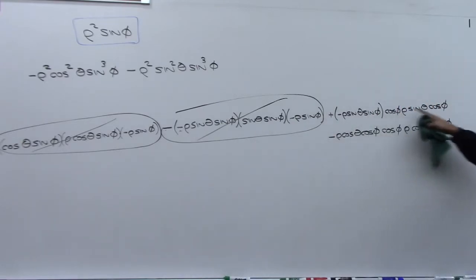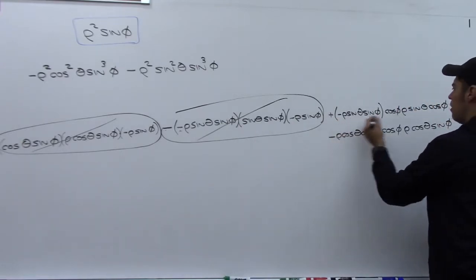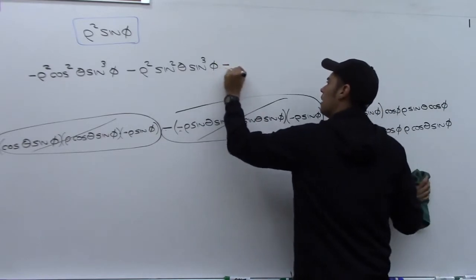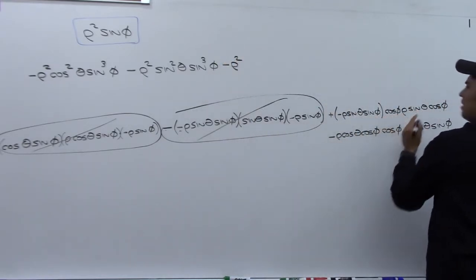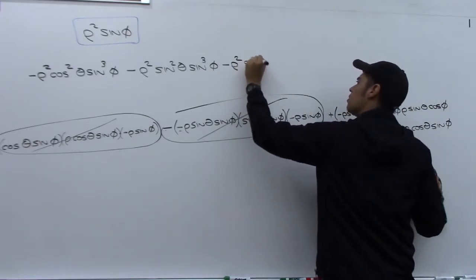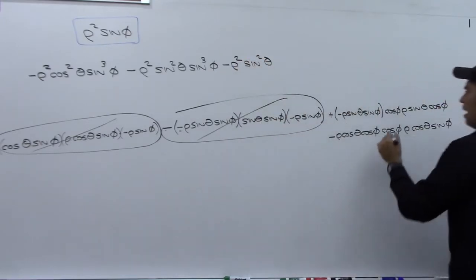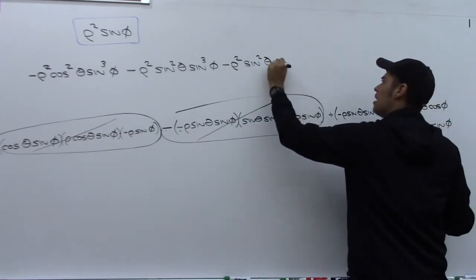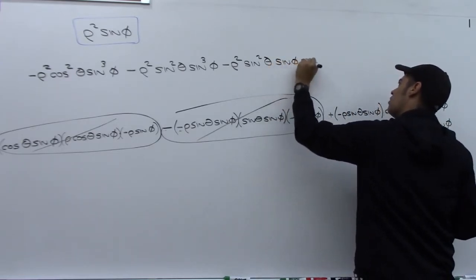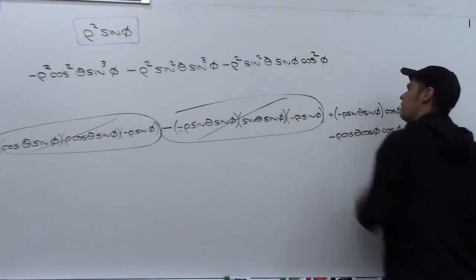Okay, let's do this one right here. I've got negative rho and rho, so negative rho squared again. I've got sine theta, so sine squared theta. I have sine phi, cosine phi. So sine phi cosine squared phi.